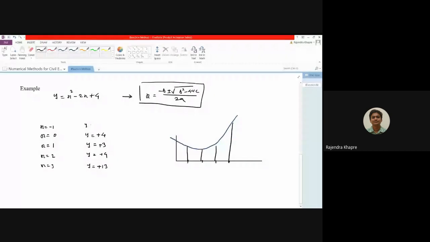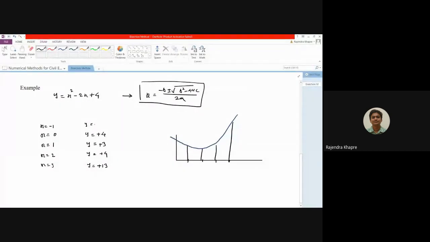In that case, what will be the value? Anybody? Everything will be positive, I suppose. I think this is 7.